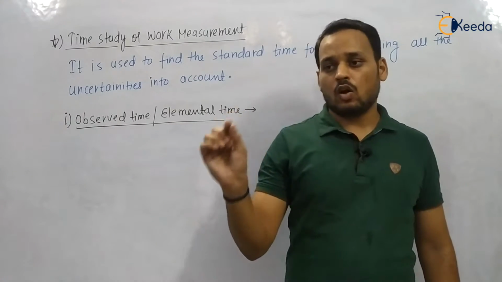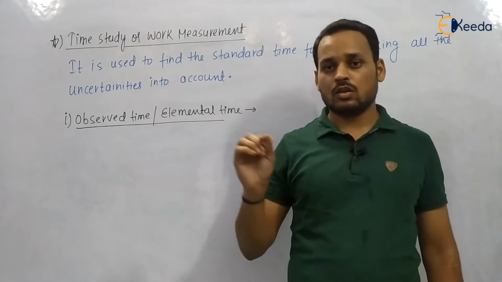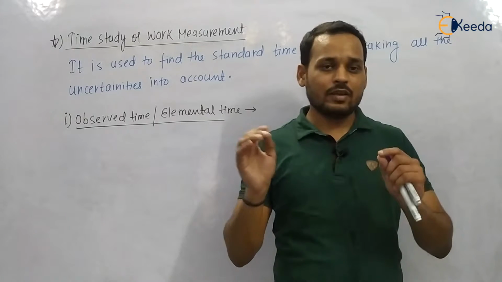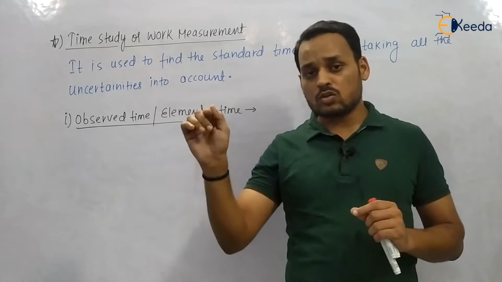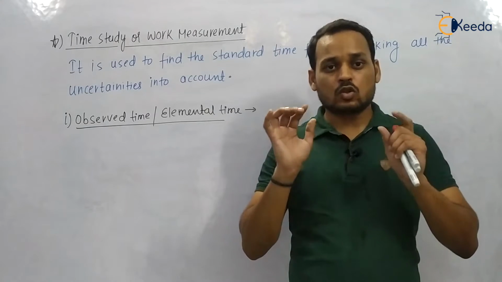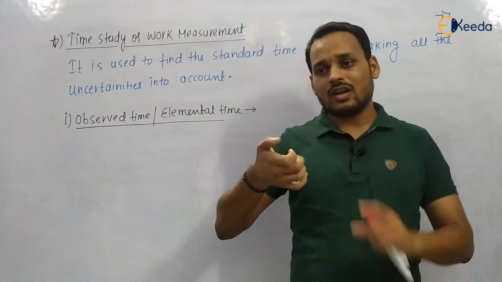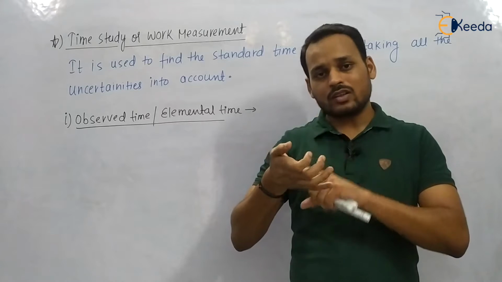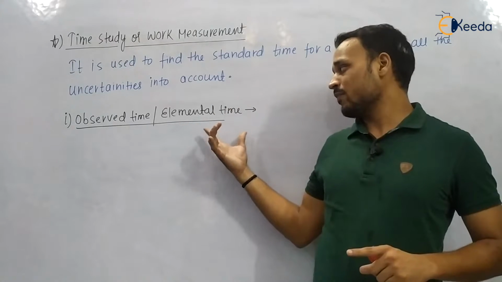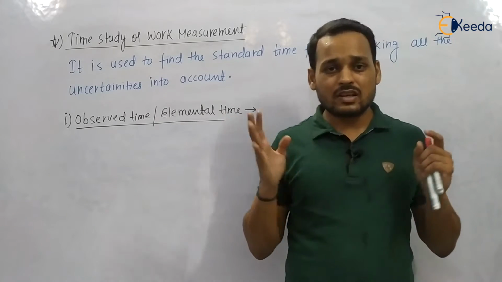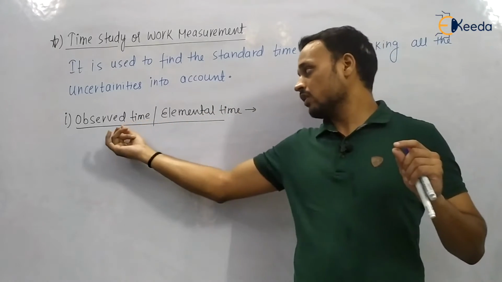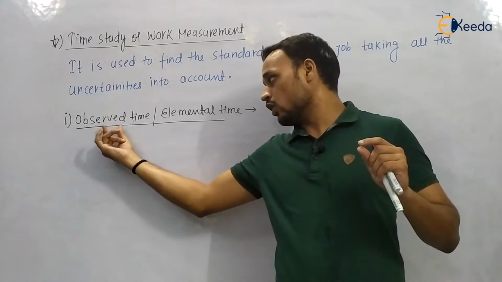Observers are assigned, and they measure the time of those workers with the help of a time measuring device like a stopwatch. They set the stopwatch and calculate in what time he completes his work. So it is the time measured by the observer, from the name only it is clear.